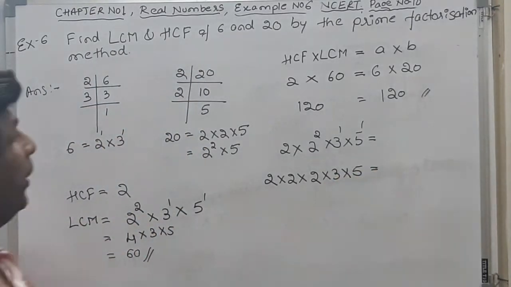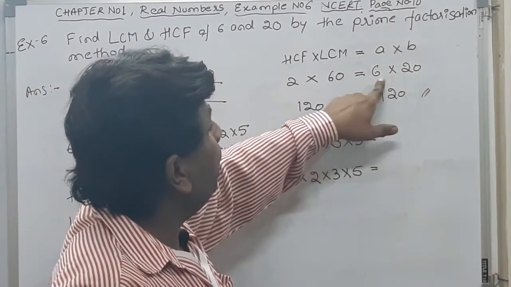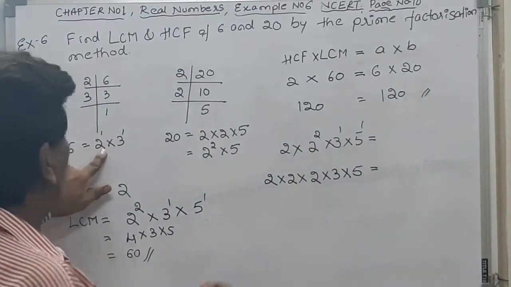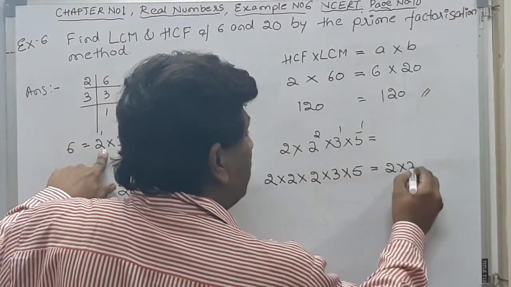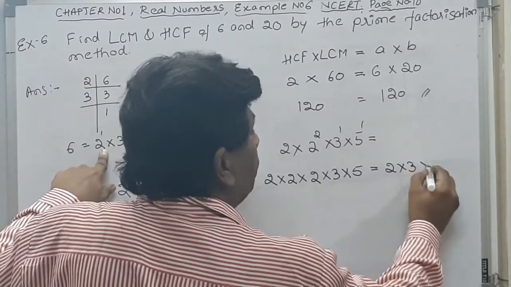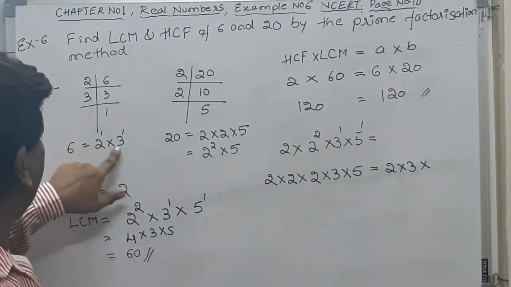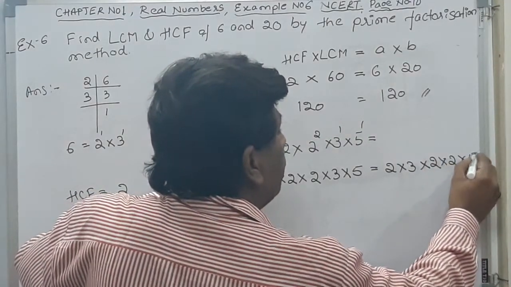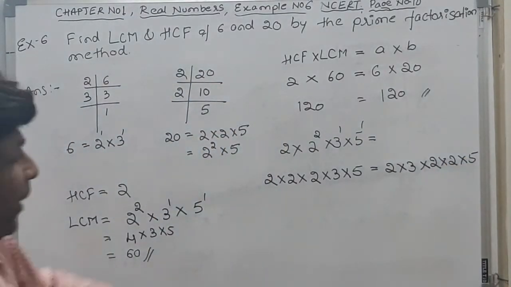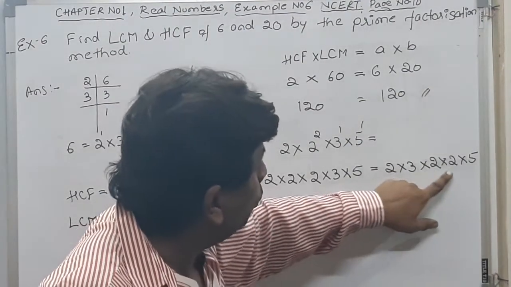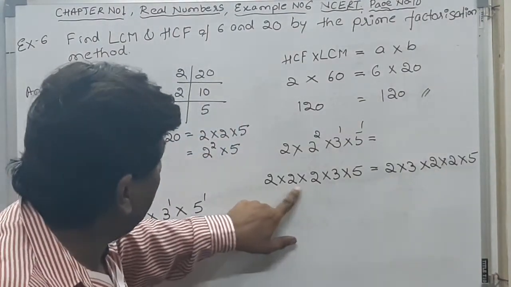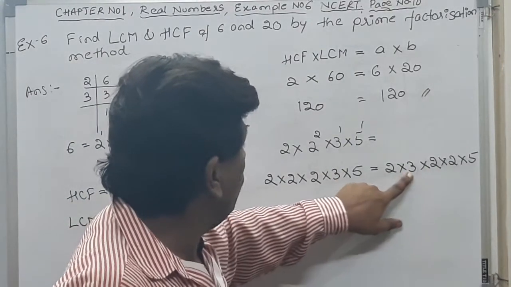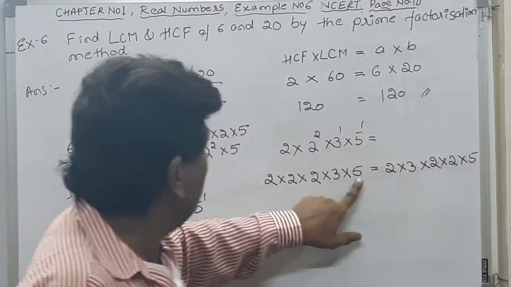Coming to the right side, 120 is 6 multiplied by 20. The prime factors of 6 are 2 and 3, into the prime factors of 20, which are 2 into 2 into 5. See here, how many 2s are there? 1, 2, 3 twos on both sides. One 3 and one 3, and one 5 and one 5.